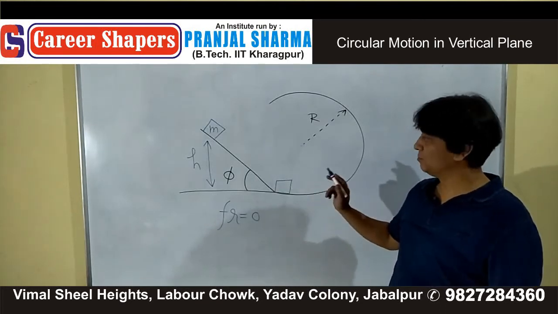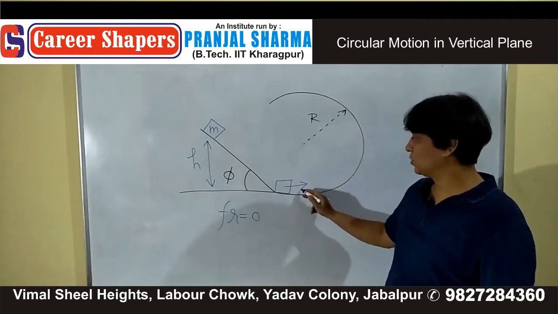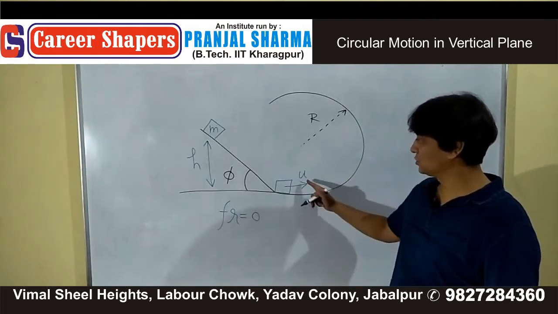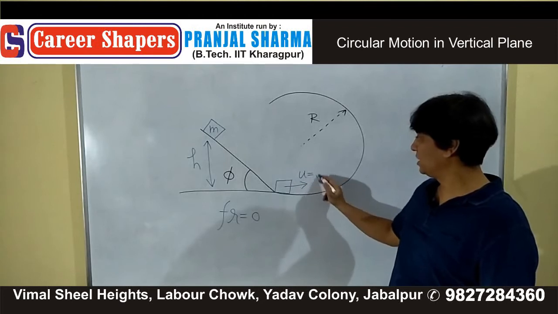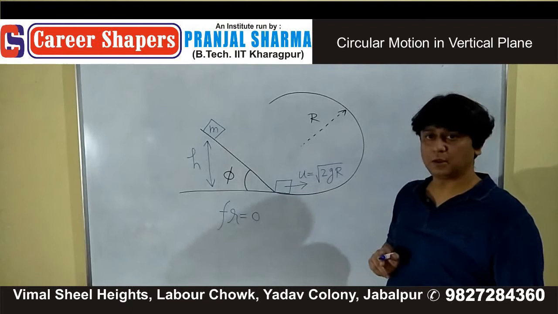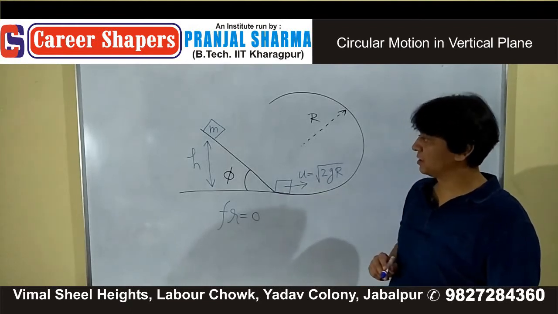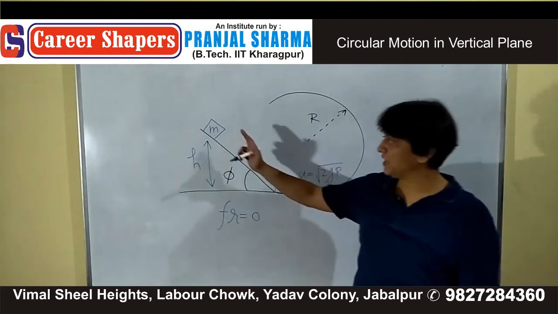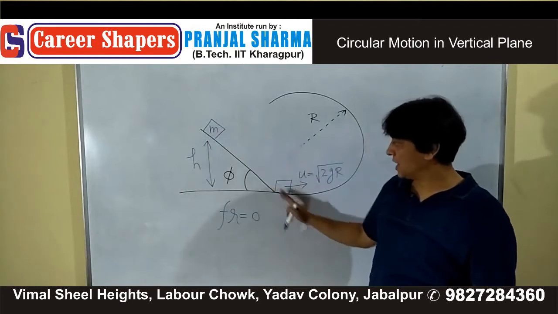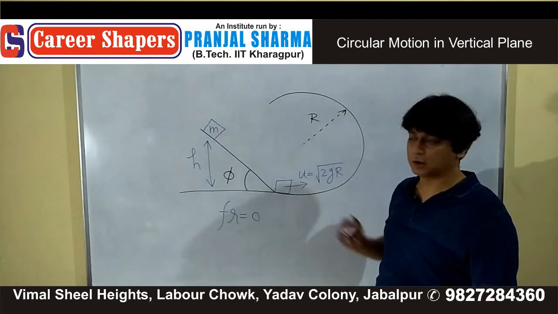In the first method, for the first part, we know that to complete 1/4 circle, this u must be root over 2gr. This is for 1/4 circle right here. And therefore, when you release the object, after sliding down at this point, its velocity should be root 2gr.